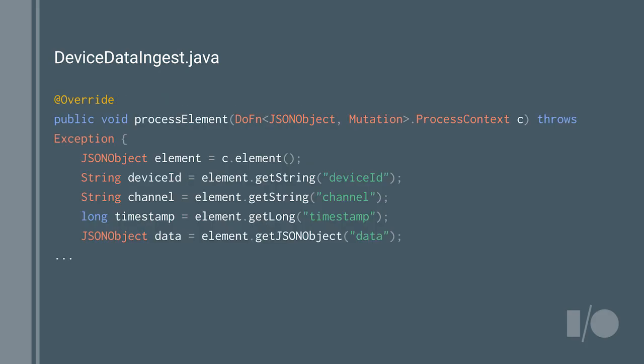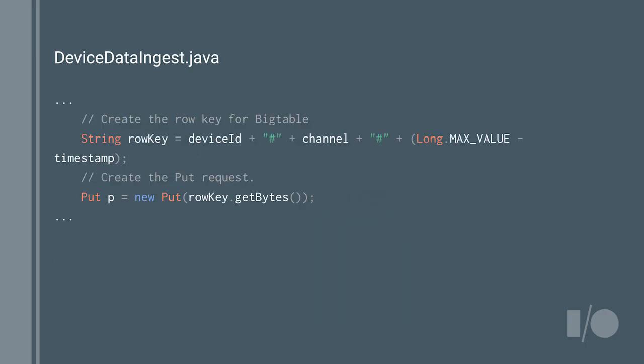Going through that, we're reading from the JSON object that was passed in. We're reading a single JSON object and all of the fields: device ID, channel, timestamp, and data. And then we're going to create a row key for Cloud Bigtable using our device ID and the timestamp.